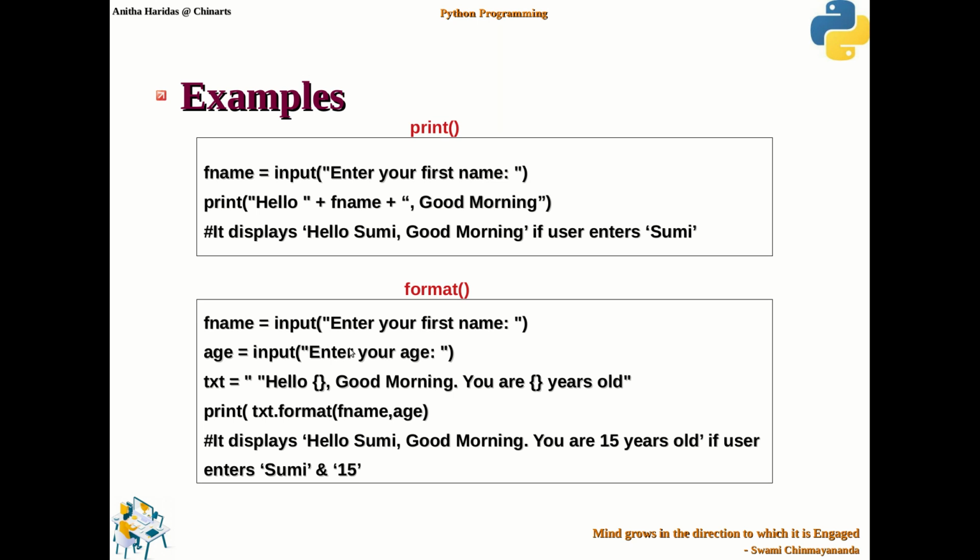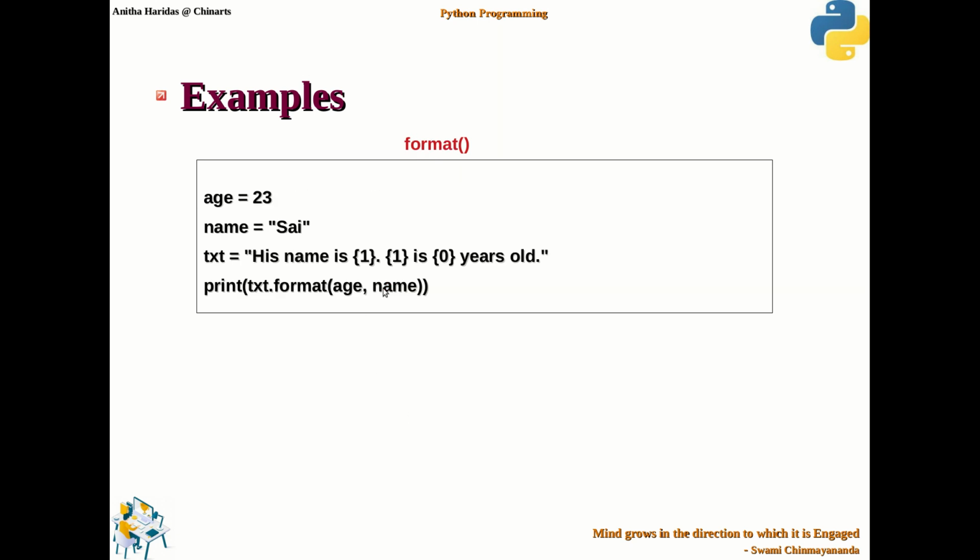So here, if you are going to simply give the placeholders, for the first placeholder, whatever is the first variable, that will be considered. For the second placeholder, whatever is the second variable, that will be considered. Whereas here, if you don't want to give it in the proper order, you can have the index to specify how it is to be done.